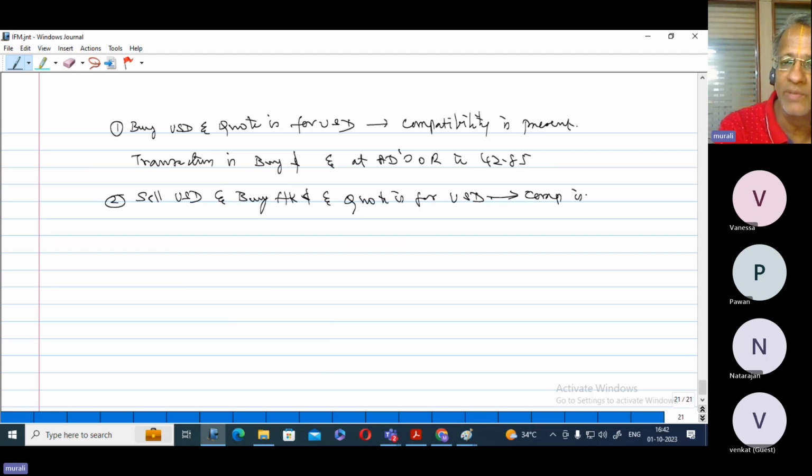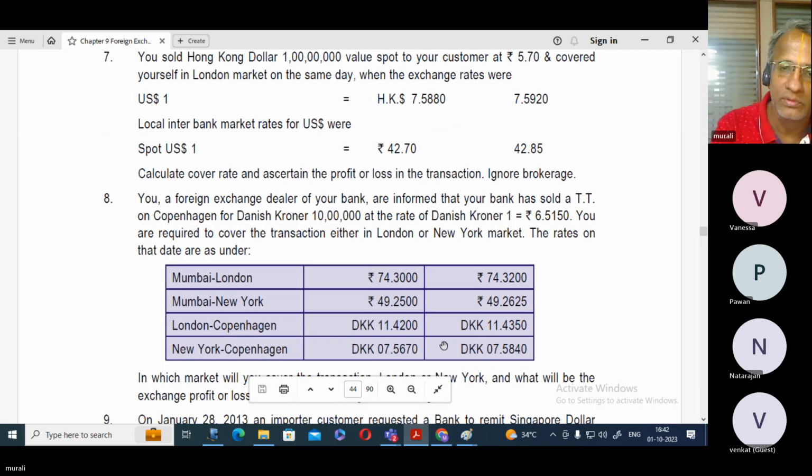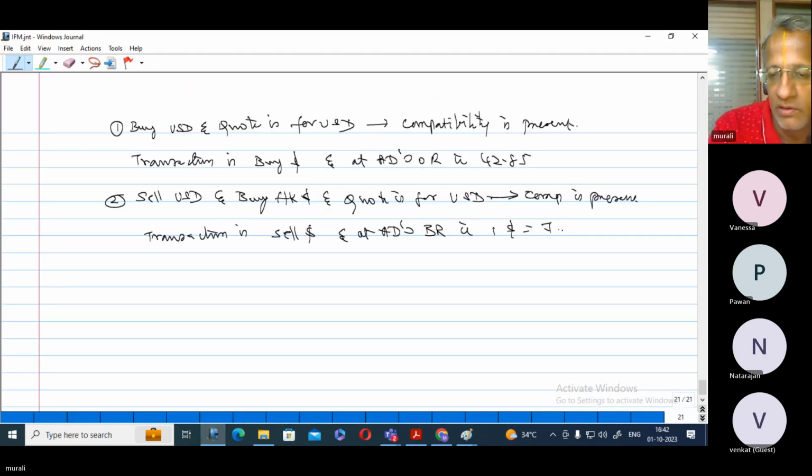Compatibility is present. So the transaction is sell dollar and at the authorized dealer's bid rate, that is 1 US dollar equal to 7.5880 Hong Kong dollar.